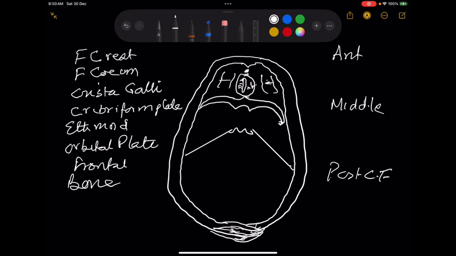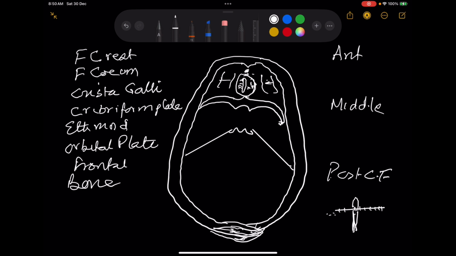And if you see this edge here, you find that the ethmoid has a cribriform plate. Below is the nose, above is the anterior cranial fossa, here is the crista galli, and here is the ethmoidal contribution to the nasal septum.